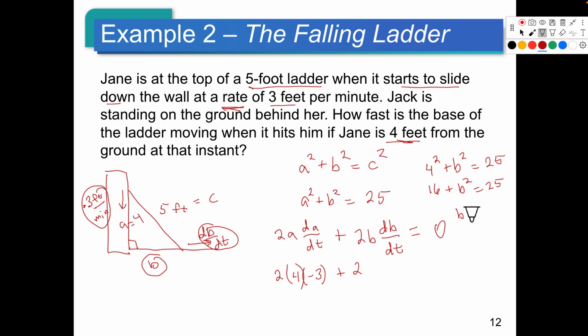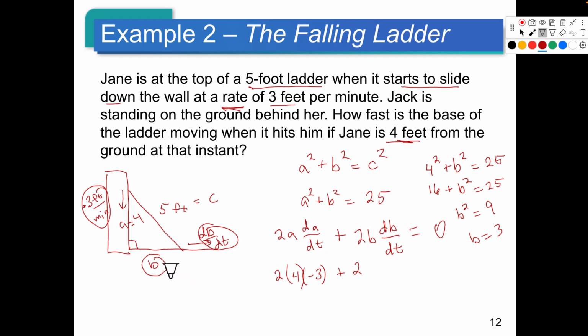So that we get B squared. 25 minus 16 is 9. So if we take the square root of both sides, B must be 3. Now we do get a plus or minus, but a distance of -3 makes no sense, so we use 3. So when A is 4, B has to be 3.